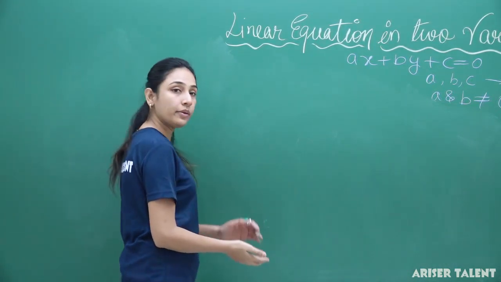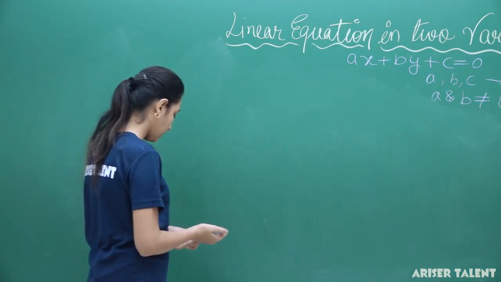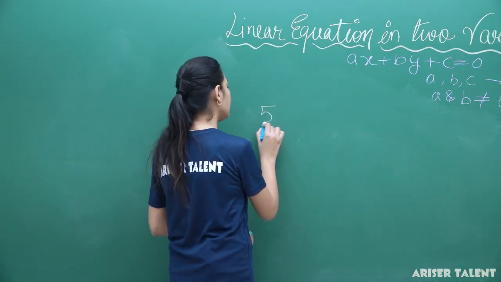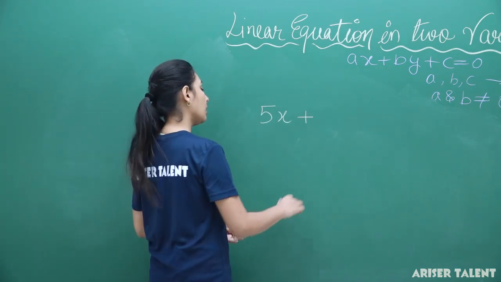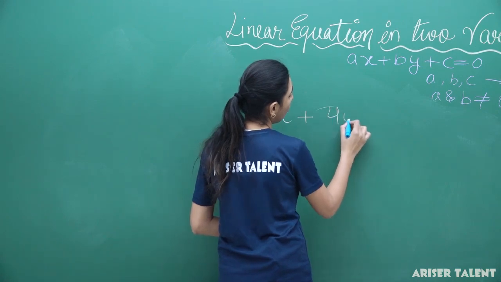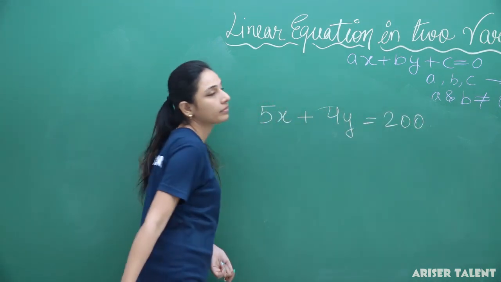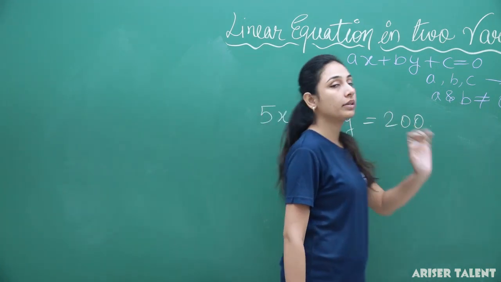Now students, what will we do? Now we will do some example, like 5x plus 4y equals 200. Okay, 5x plus 4y equals 200.